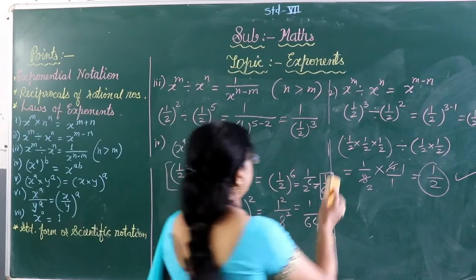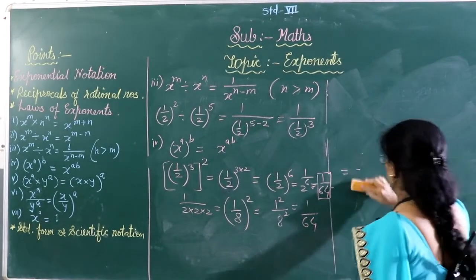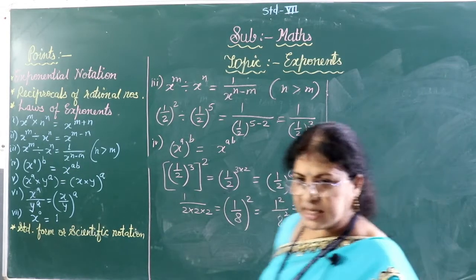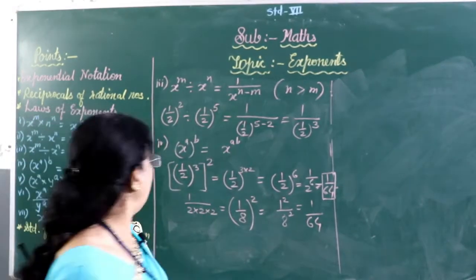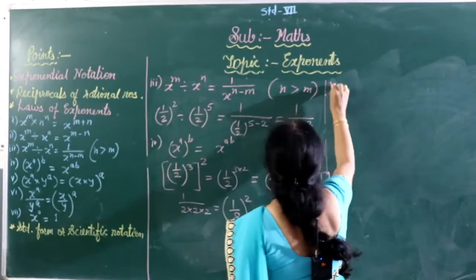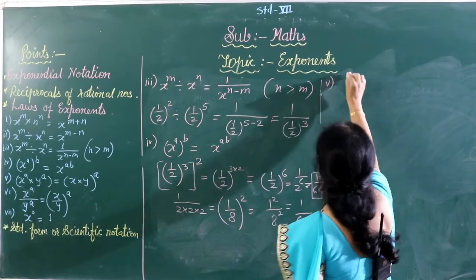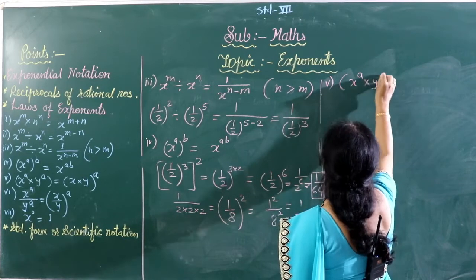Then next law, okay? Come to the next law. What is the next law? Now bases are different and exponents are the same. In the next law, number 5, bases are different and the index is the same. Index or power or exponent, one and the same thing.